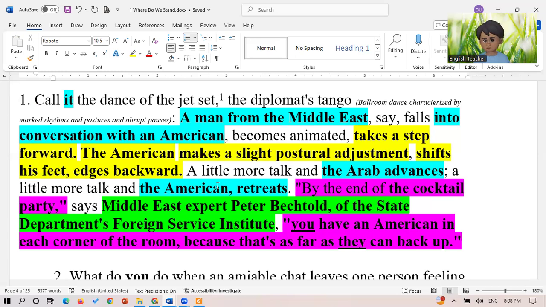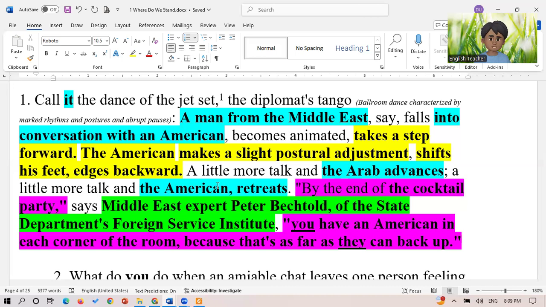So now if you read this paragraph carefully, you have some better idea about the context where the events of this essay are taking place. So this seems to be a program, some kind of conference or meeting or interaction or party organized by the State Department's Foreign Service Institute.